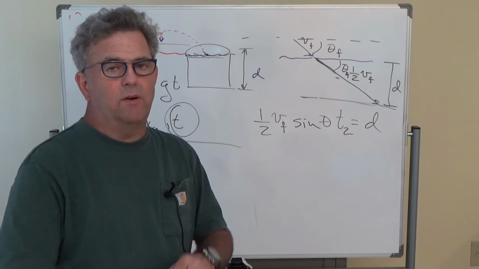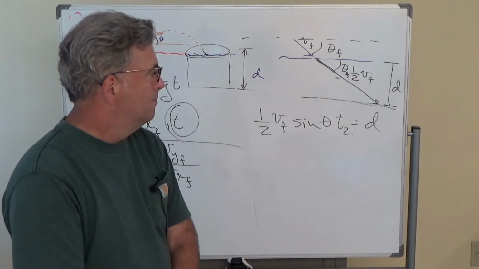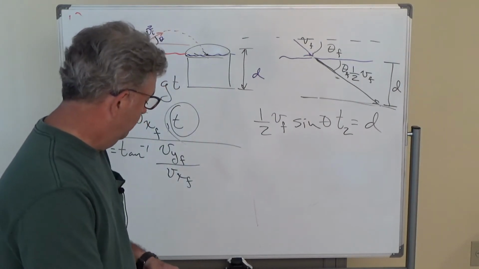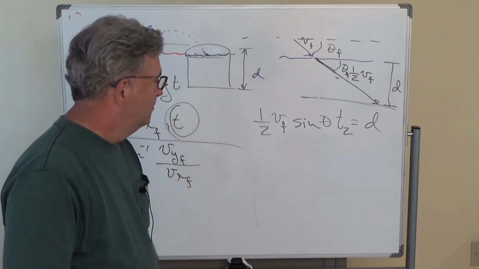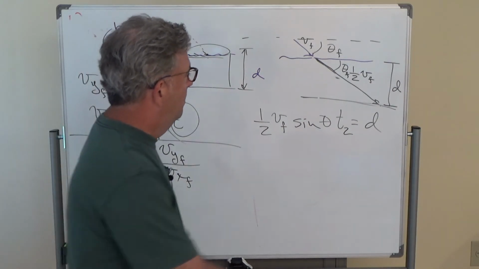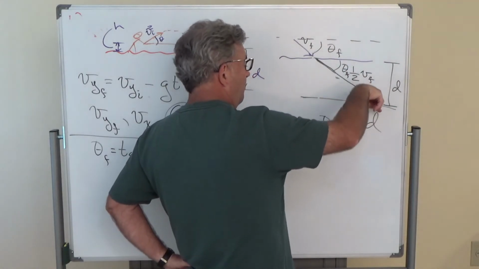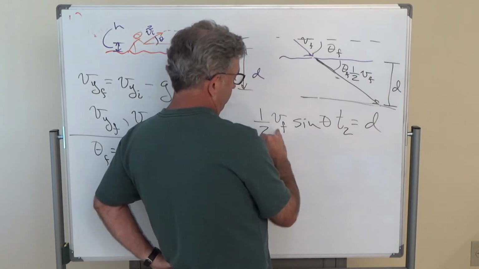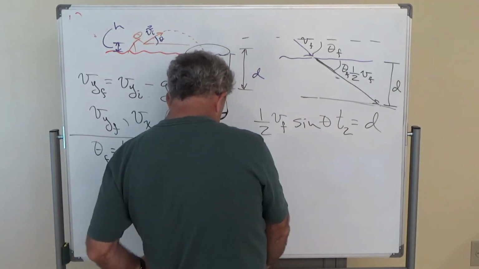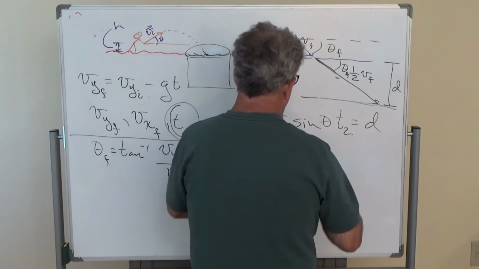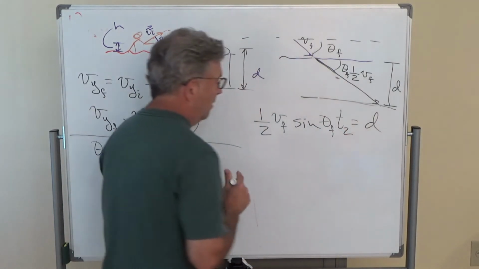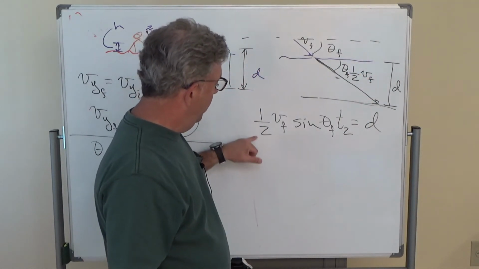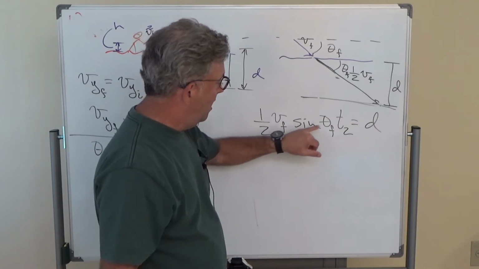Where did I get that from? Well, the component of the velocity in this direction, sine theta final, okay, the component of the velocity in this direction is 1/2 V final sine theta final.